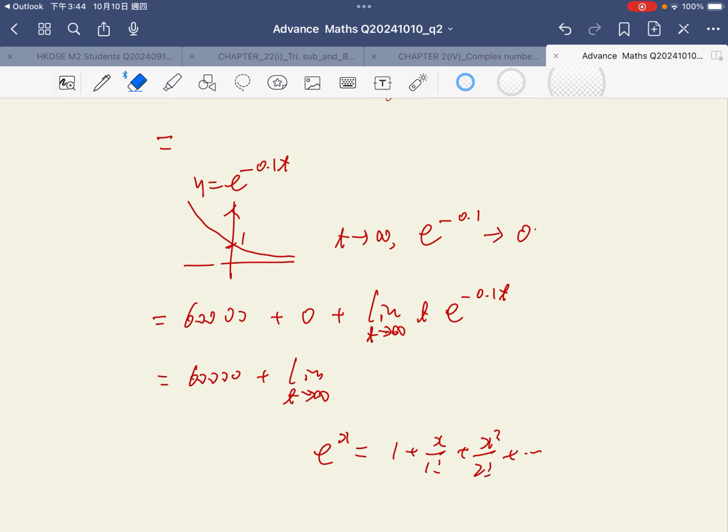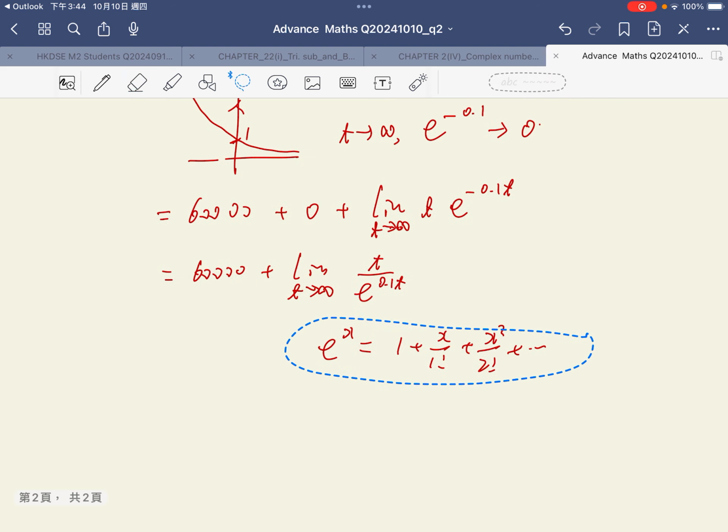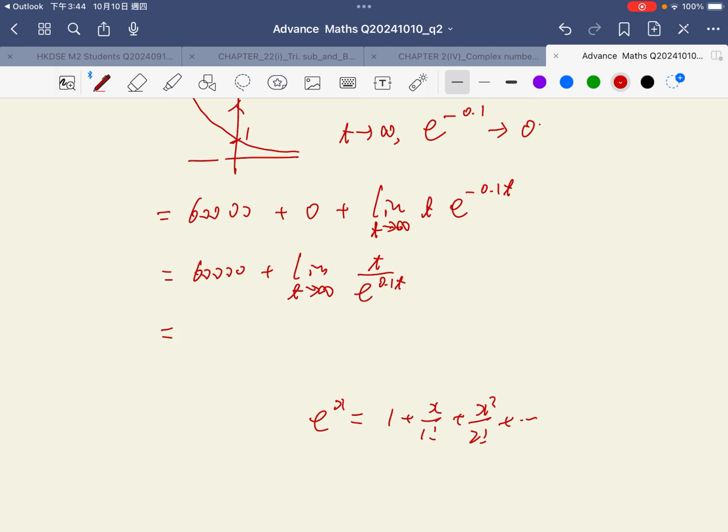And I write this into the denominator. And then 1 plus 0.1 t plus 0.1 t squared, all squared.